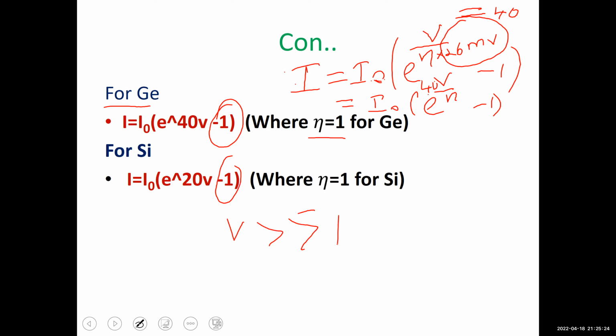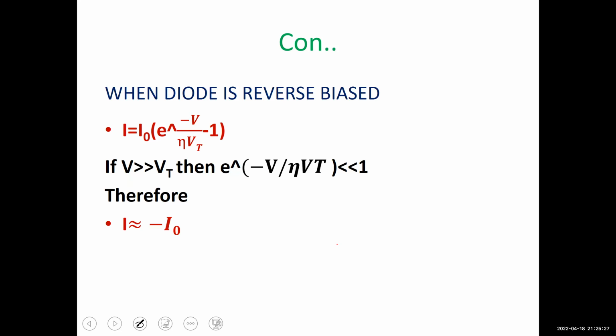If the same current equation is applied for the reverse bias condition, here you will use a minus sign to represent the reverse bias condition. While increasing the voltage in the forward bias condition, e power infinity becomes dominant, so the minus 1 we have neglected. If you are increasing the voltage in the reverse bias condition, the exponential term becomes very much less than 1, so this term can be negligible. Therefore, I is equal to minus I naught.